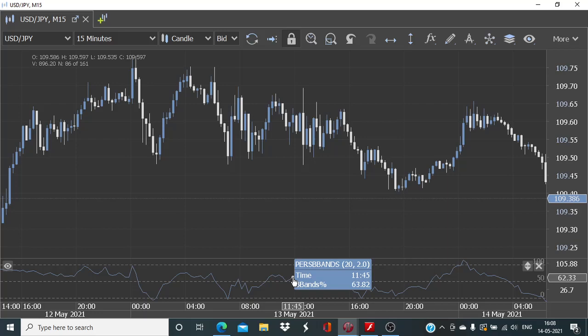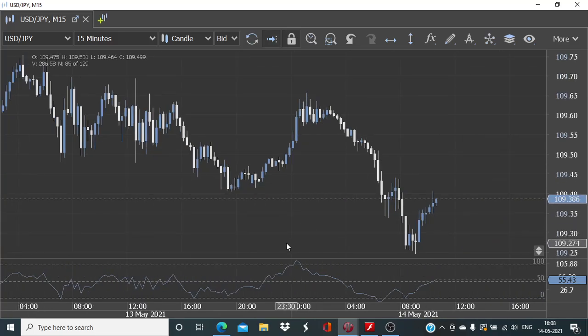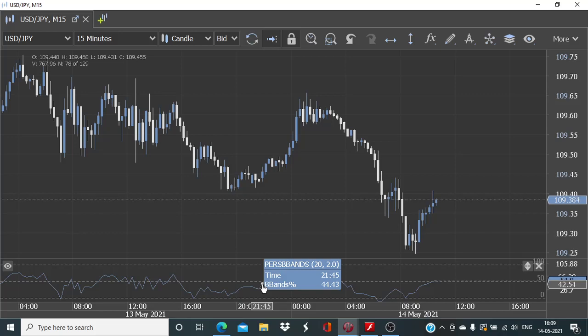So for the sell trade, we want the percent Bollinger Band output value for the last 15 minutes to be below 50, and in the penultimate candle it should have been above 50. For the buy trade, we will want the turnaround to be happening and the percent Bollinger Band value for the last 15 minutes to have risen above 50 from below 50 in the prior period.